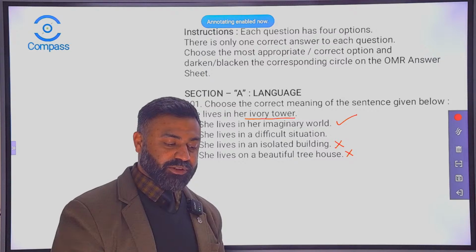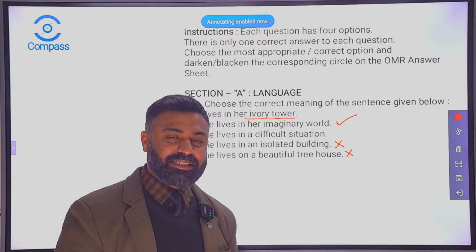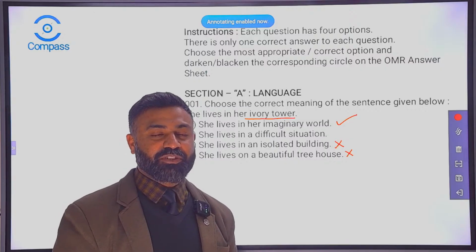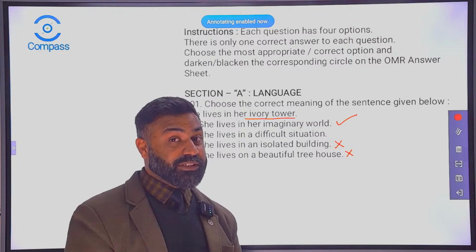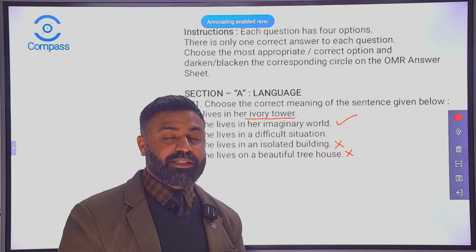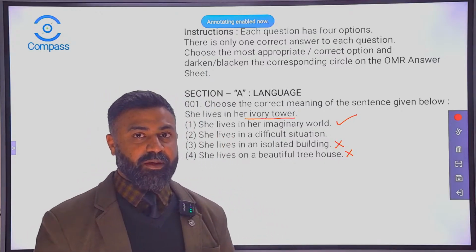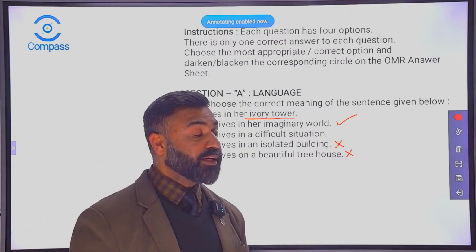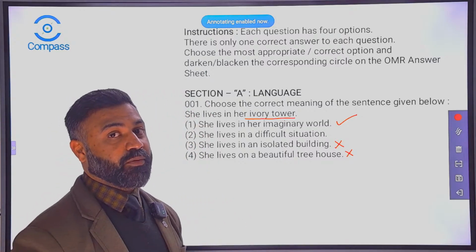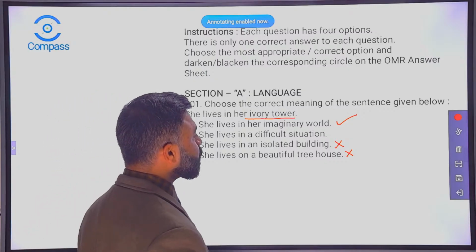Children, you must have heard of Alice in Wonderland, such a beautiful story, and you must have read it in your library as well. She was the one who used to live in her ivory tower, which means an imaginary world. So this is the right answer to the question.